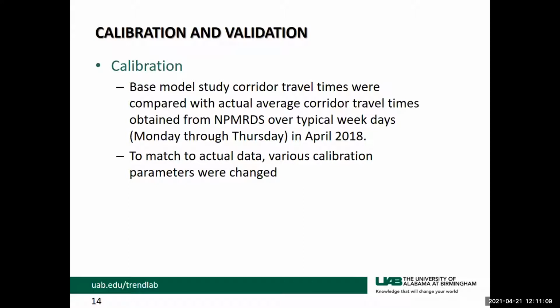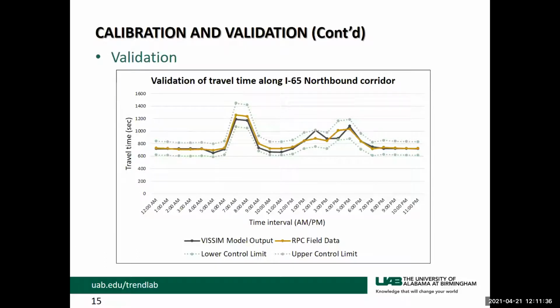So we wanted to compare the field data with the simulated travel times resulting from the model. And we decided to accept a model that gives us travel times within plus or minus 15% of the field data. So we had to adjust the different calibration parameters until we found a reasonable model.